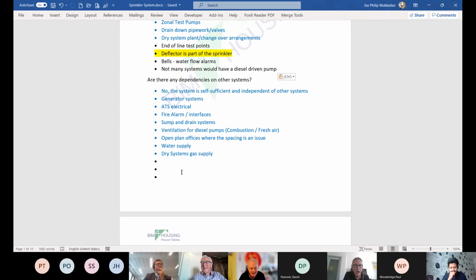Yes, again, I think under the standard that we're using in the UK, 9251, unless I've got this wrong, it's changed, but normally you don't have a dry system. You'd have those in places where you're expecting a risk of frost. In housing, you wouldn't normally have the risk of frost.